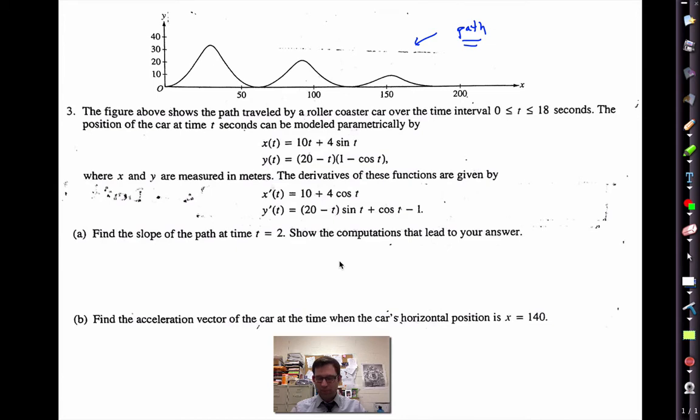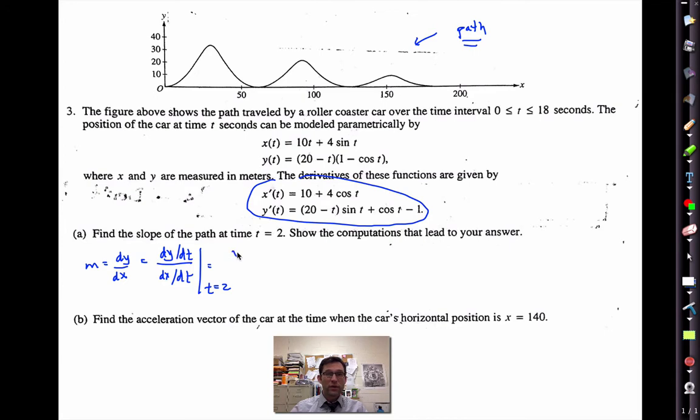All right, let's go through it. Slope of the path is always dy/dx, but that's dy/dt divided by dx/dt. And again, we have those. All I have to do is take t equals 2, substitute them into these two formulas, right? If you really want, you could say that's y prime of 2 divided by x prime of 2.